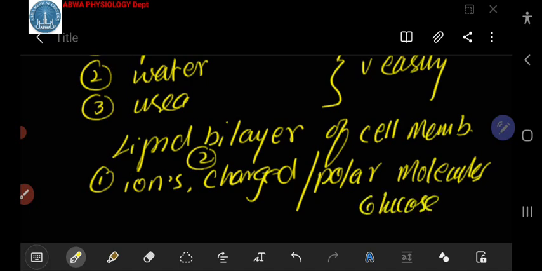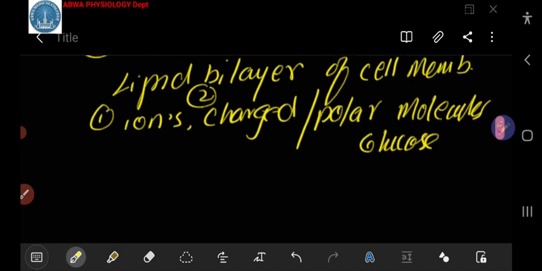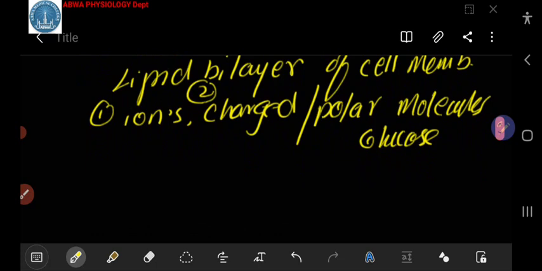Actually, the lipid bilayer is impermeable to these substances. Sorry for the inconvenience. These are substances that are impermeable to the lipid bilayer.